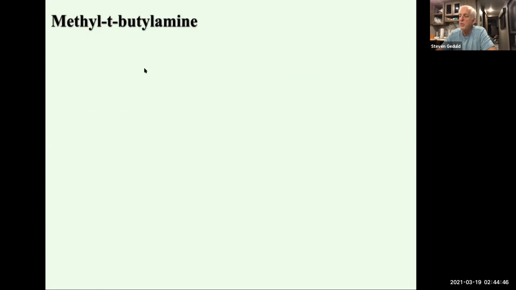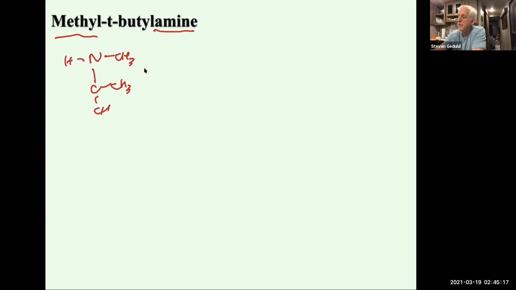Methyl tert-butylamine. That was like what you had last time. We did the tert-butyl group, how you can name it. Okay, so it's an amine that has a methyl and a tert-butyl group. So there'll be 2 attachments to it. So there's your amine. Put it over here, out of the way. There's a hydrogen, there's a methyl, and there's a tert-butyl group.